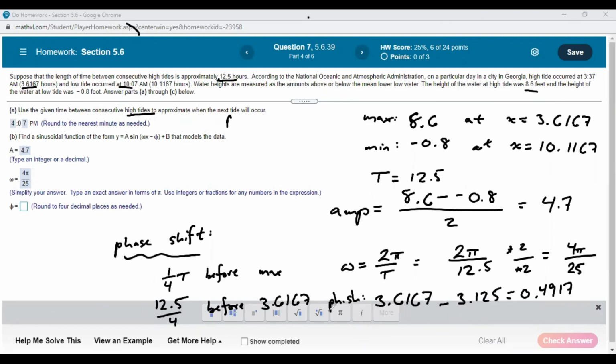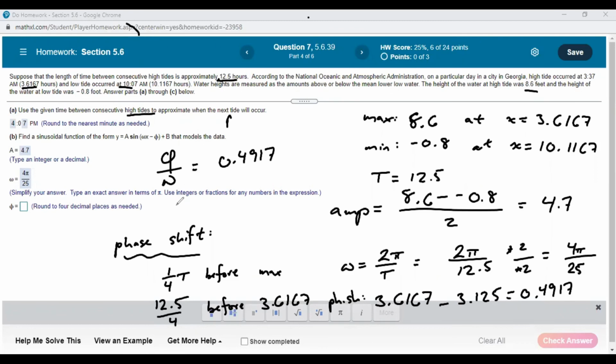But that's not the phi. The phi is actually omega times the phase shift. So phi divided by omega, that's what's equal to the 0.4917.